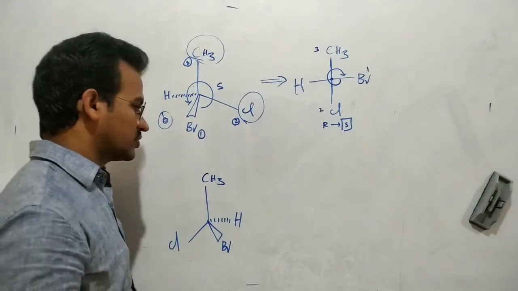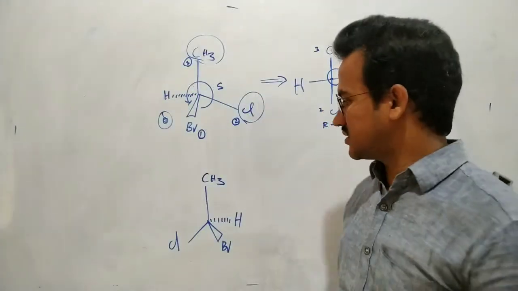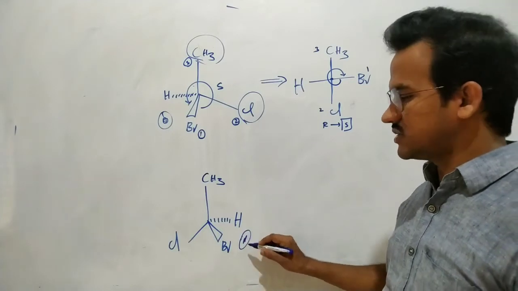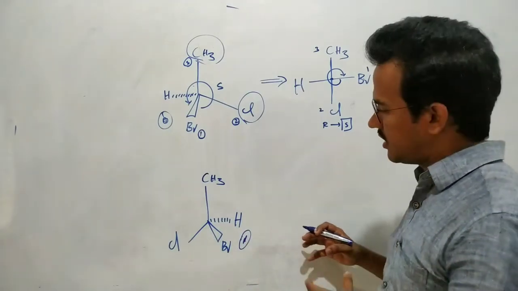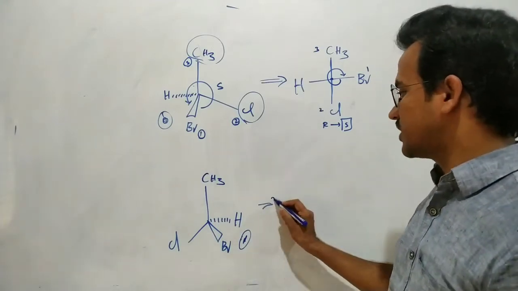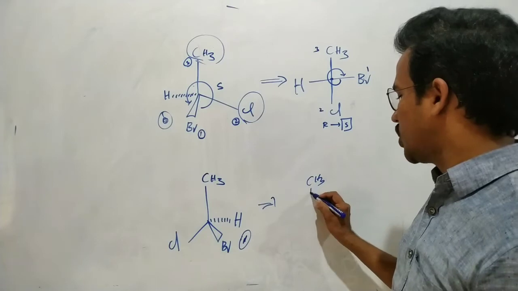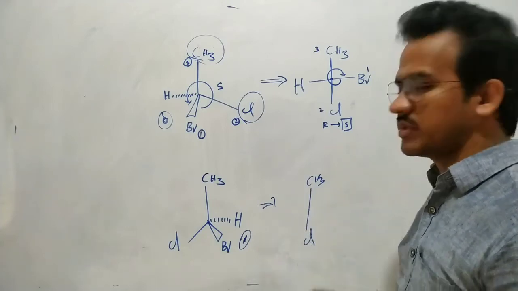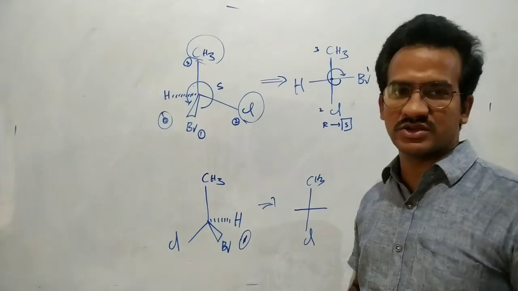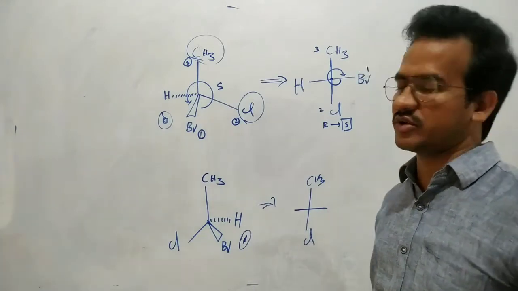Now coming to this one, here the way of observation is different. We are looking at this molecule from the right side. As usual, the groups on the plane must be written on the vertical line, and you have to distribute these two groups on the horizontal line.